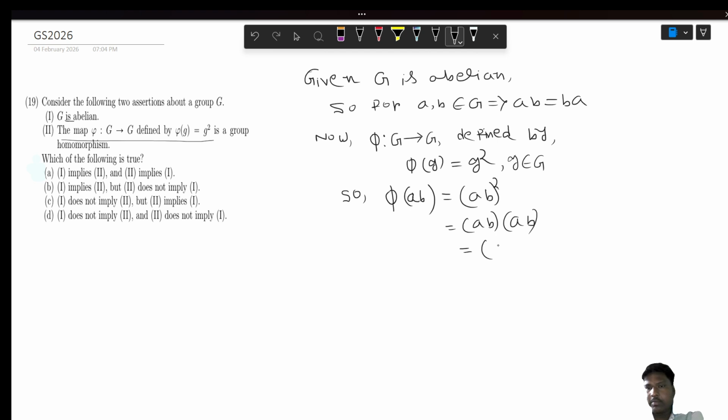So by associative property of group, we can write this as a composition of ba composition of b. So this gives a composition ba, which means ab. Since ab belongs to G, therefore ba equals to ab.